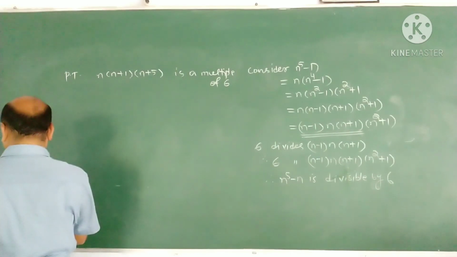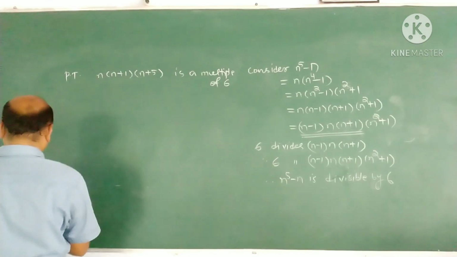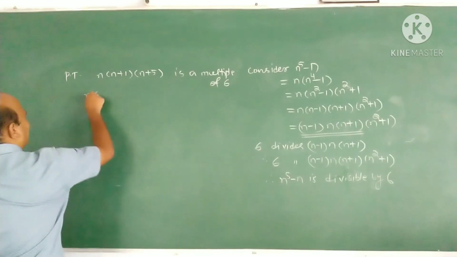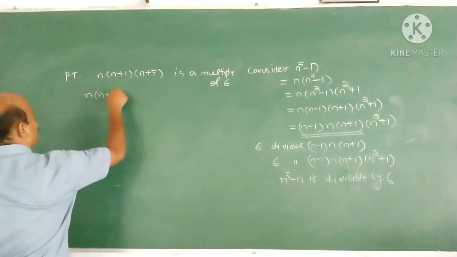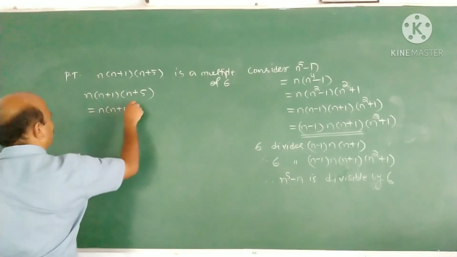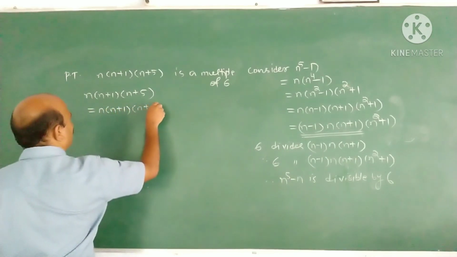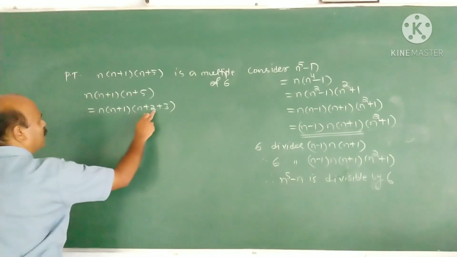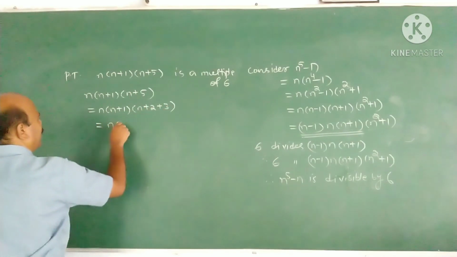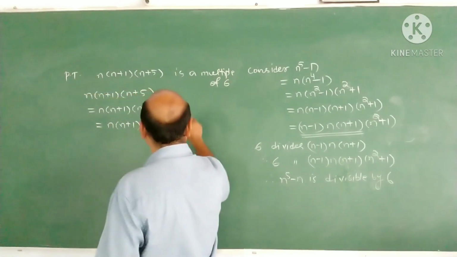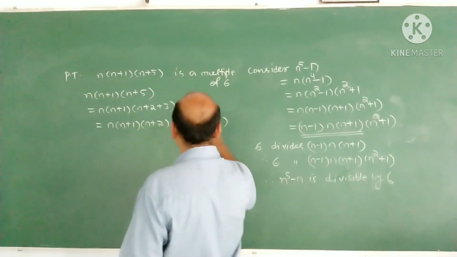That is the problem here. If we express this, then you can easily use that result. Now I write like this: n into n plus 1, n plus 5 is n into n plus 1 into n plus 2 plus 3, because 5 can be written as 2 plus 3. So n into n plus 1, n plus 2 plus 3n into n plus 1.